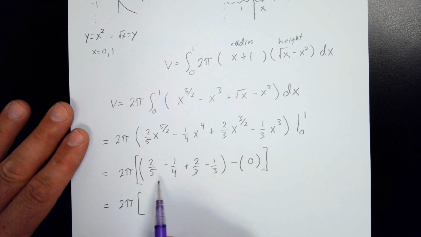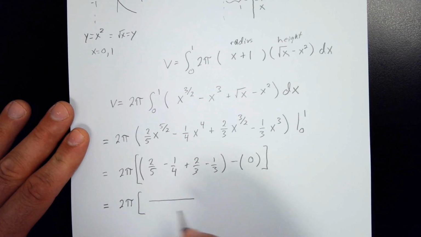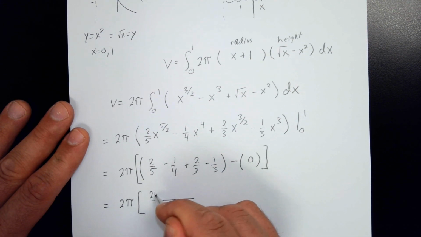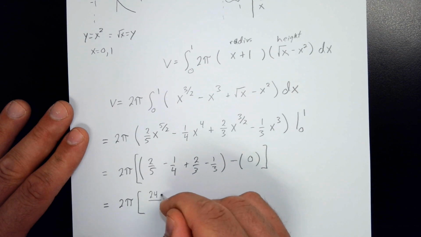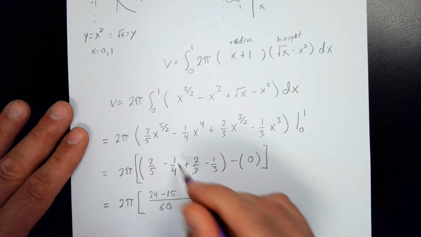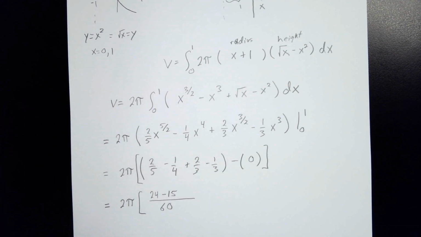Let's see. A common denominator between a 5, a 4, and a 3 would be 60. I would need to multiply this 2 by 12, and I'd get 24 over 60, which is the same as 2/5. I'd multiply this 4 by 15 to get 60, so minus 1 times 15 would be minus 15.